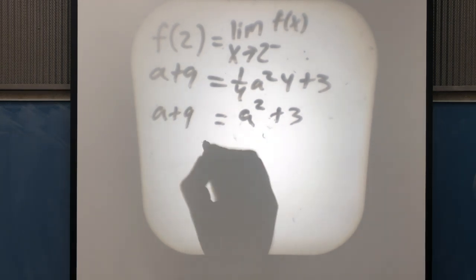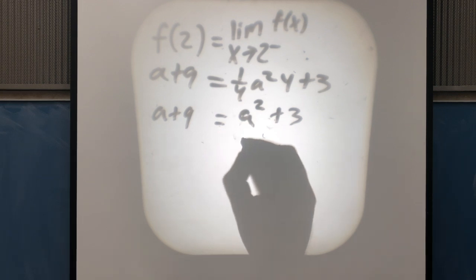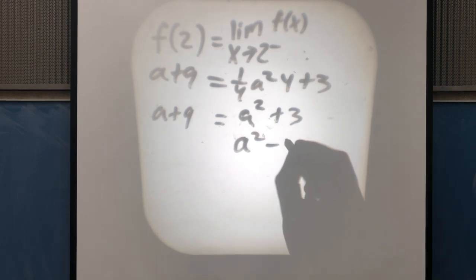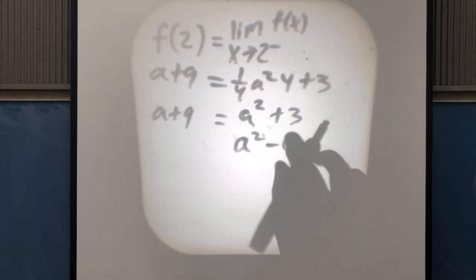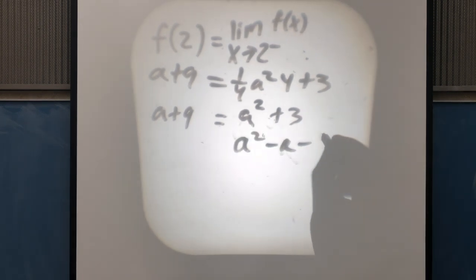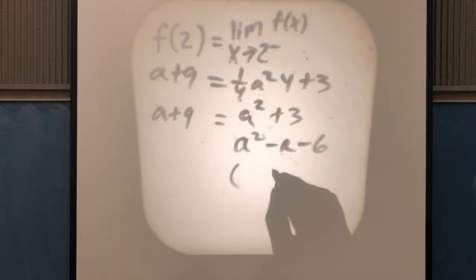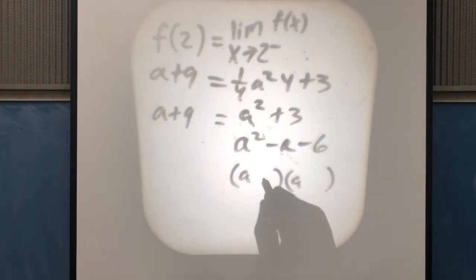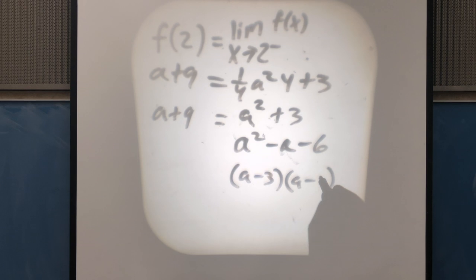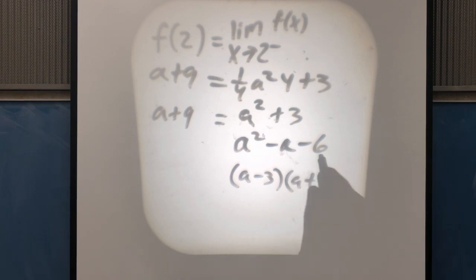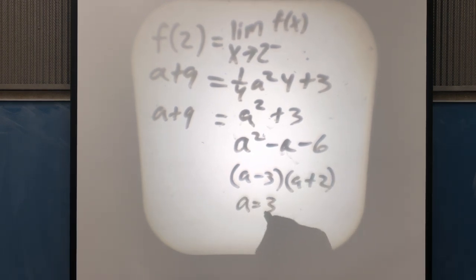I'll move everything to the left side so the a squared doesn't become negative. So a squared minus a, then 3 minus 9 equals negative 6. And factor that to get a minus 3 and a plus 2. So a squared minus a minus 6 equals 0. So a equals 3 and a equals negative 2.